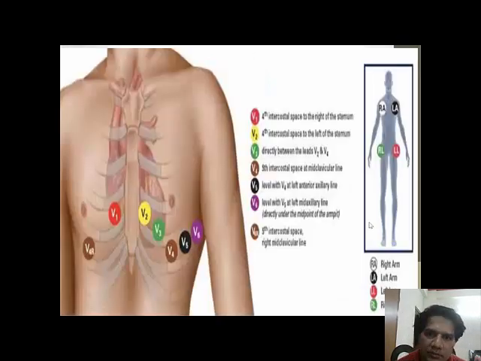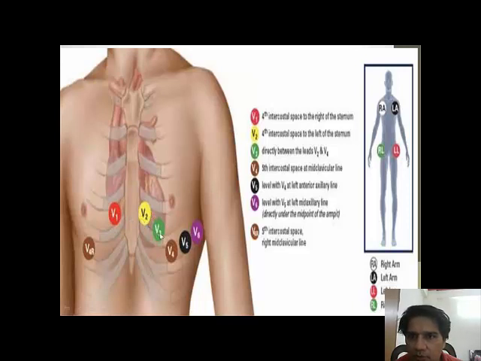The other important thing is where the ECG leads are placed. This is very important when you see an ECG. So here are the precordial leads. V1 and V2 are in the fourth intercostal space.